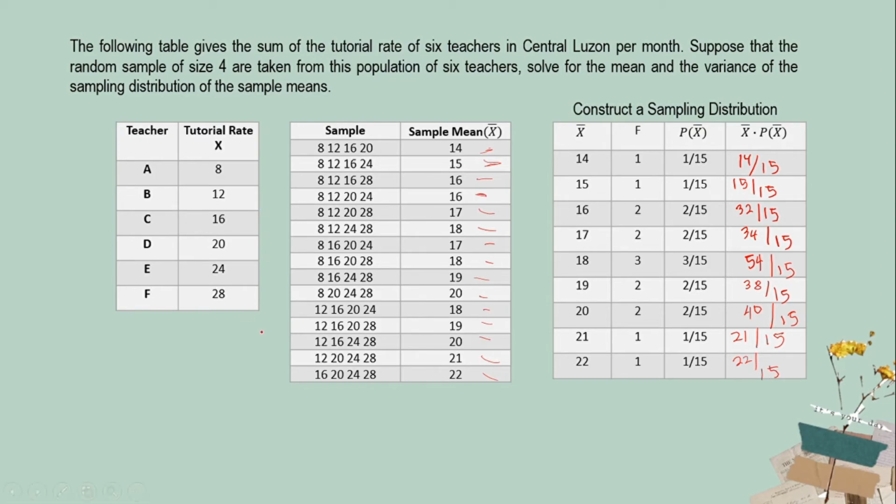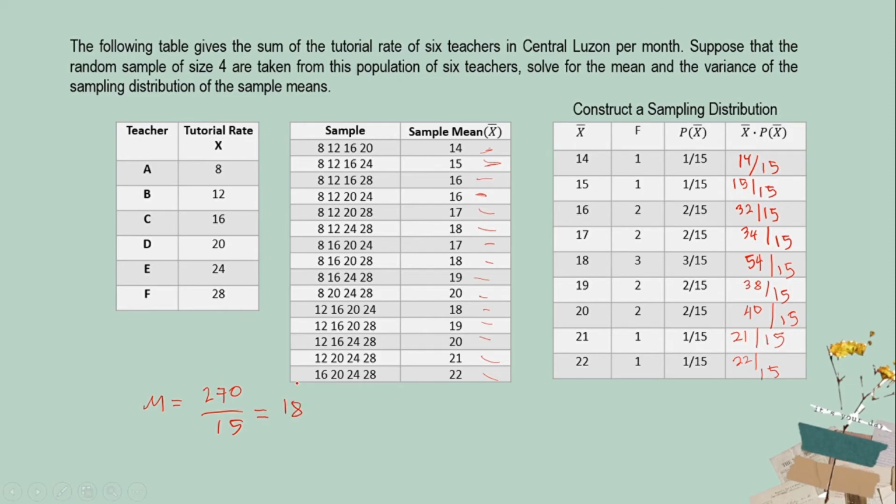So for the sample mean, we get the summation of the x bar times p of x bar. So 14 over 15 plus 15 over 15 plus 32 over 15 plus 34 over 15 plus 54 over 15 plus 38 over 15 plus 40 over 15 plus 21 over 15 plus 22 over 15 would be equal to 270 over 15, which is equal to 18.